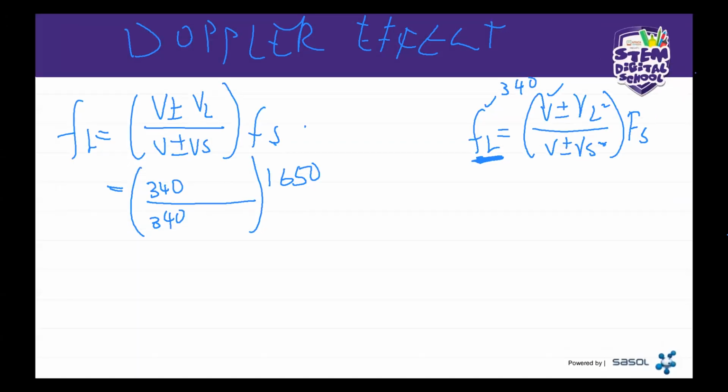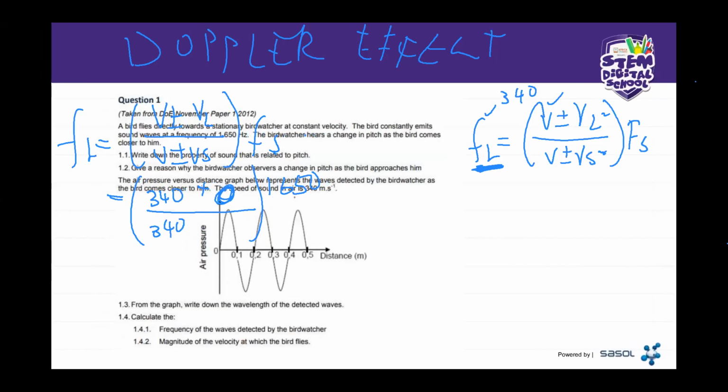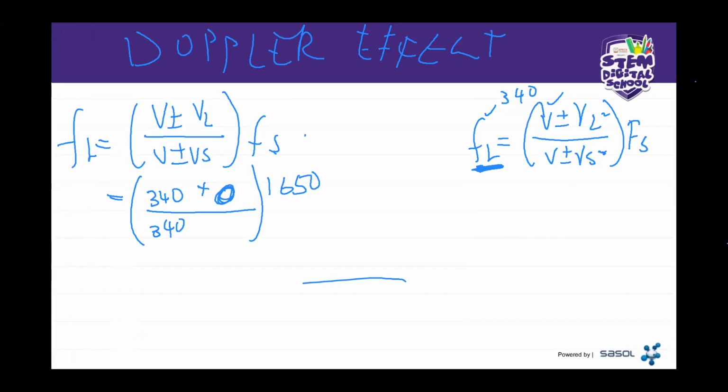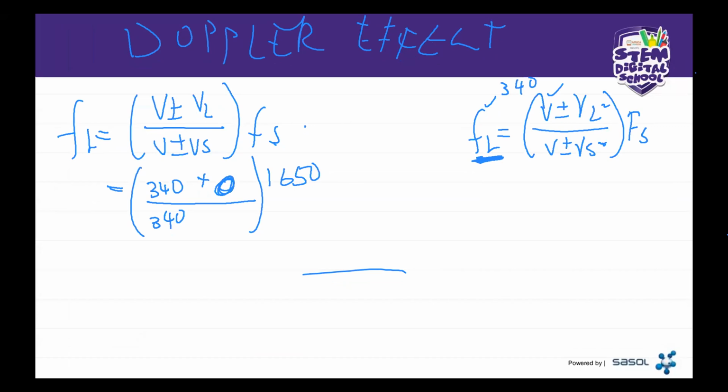It doesn't matter whether it's negative or positive, but it's going to be 0 because our listener is standing still, right? They are not moving. And for our VS, our VS is going to be minus.